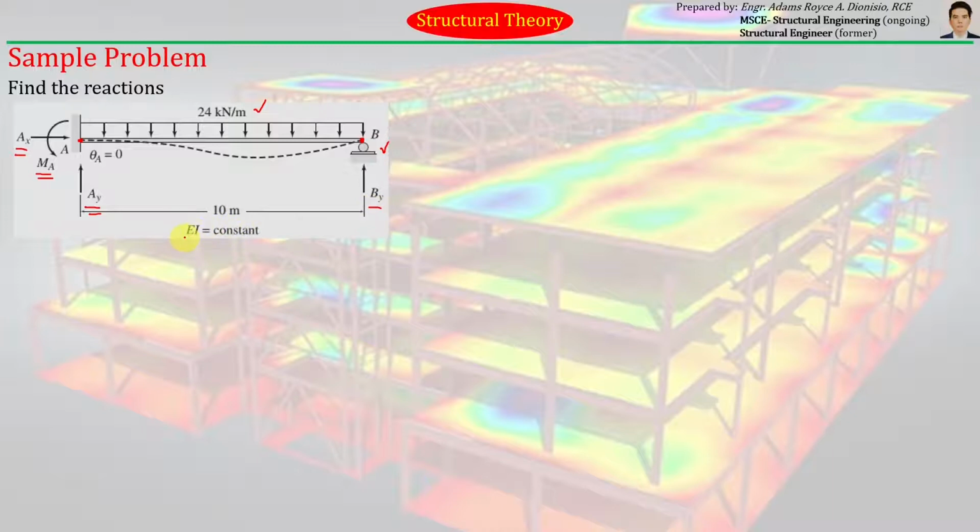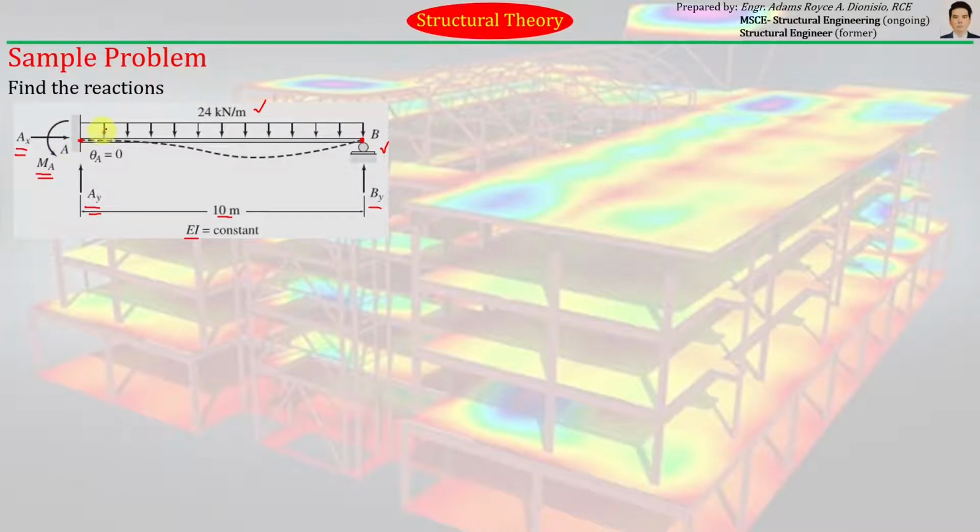As you can see here, the rigidity EI is constant all over the length of the beam as given in the problem. And the length of the beam is 10 meters. By just merely looking at the given structure, even if you don't know the formula for finding the determinacy of a beam, you can easily see that it is actually indeterminate to the first degree.